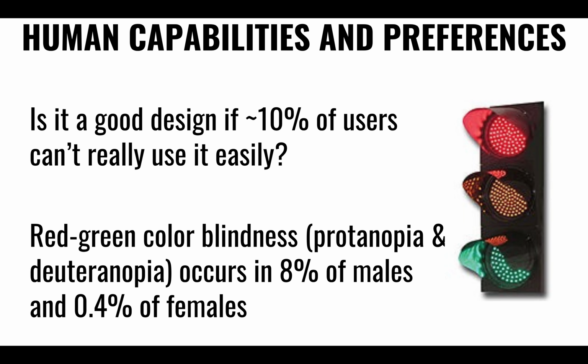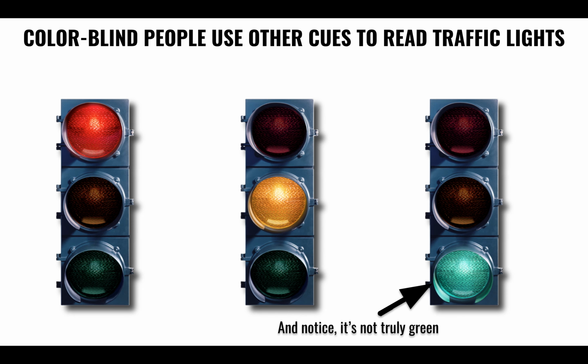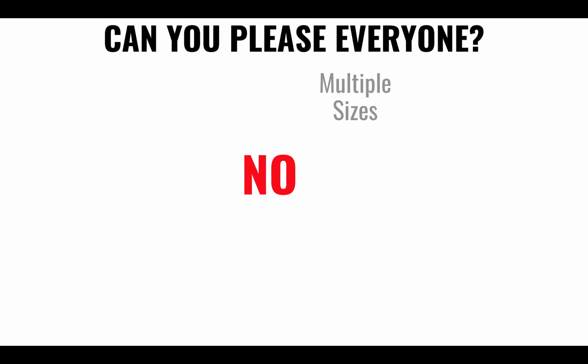And they've made the decision that it's not worth the effort to try and target this minority audience, right, that folks might look for other clues to be able to use it and overcome their particular handicap.